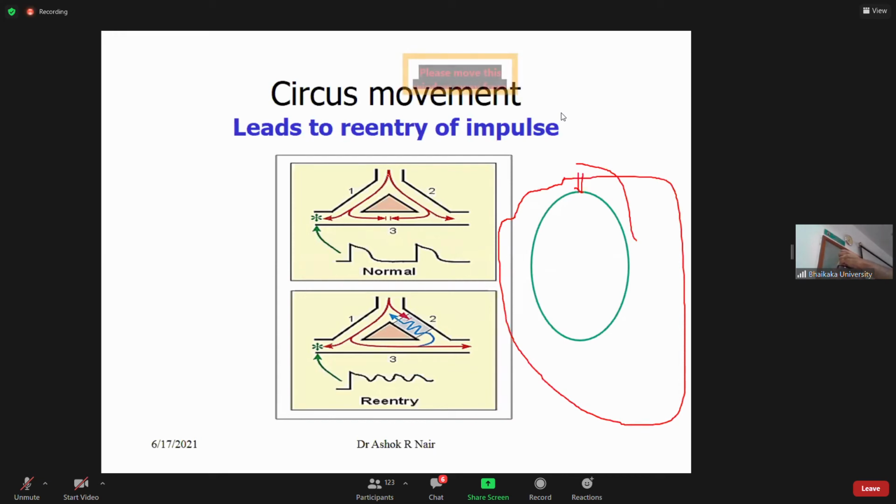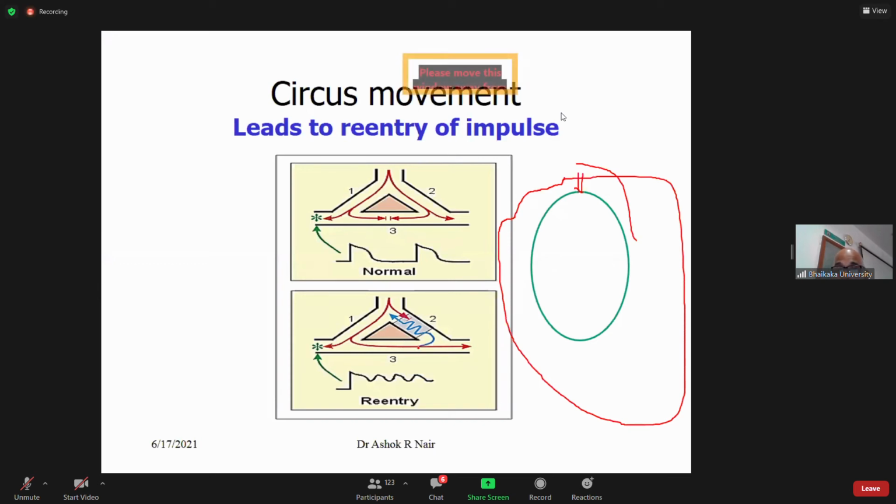Suppose in normal conditions an impulse arises from here and is conducted in this direction. It is not able to re-enter because this region is in the refractory period. But suppose this region has repolarized.